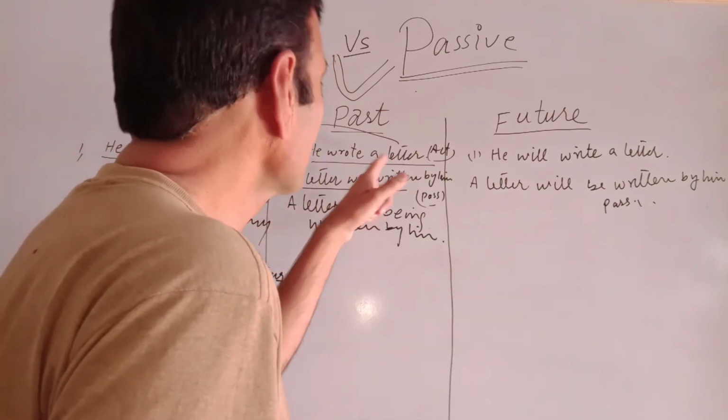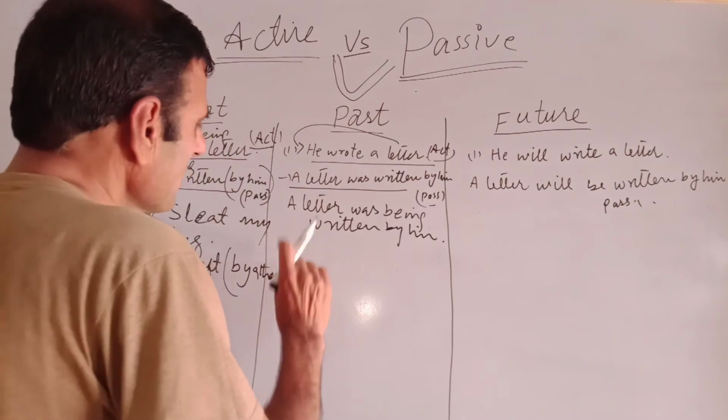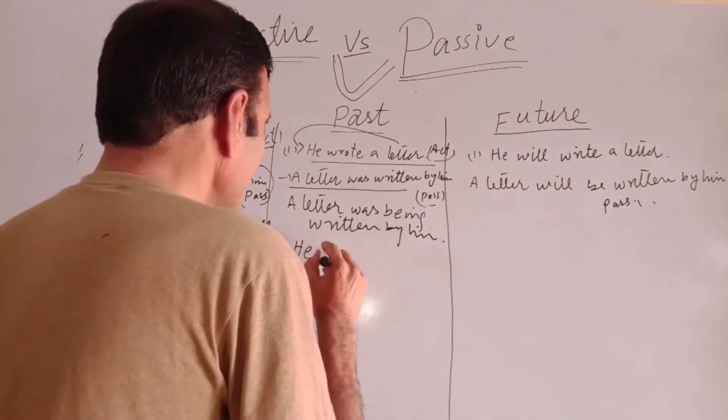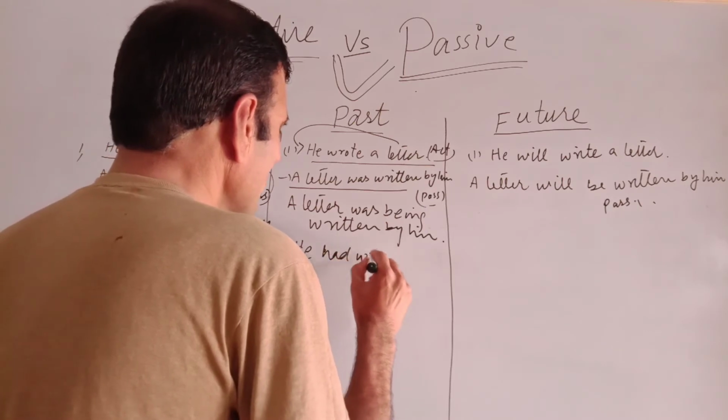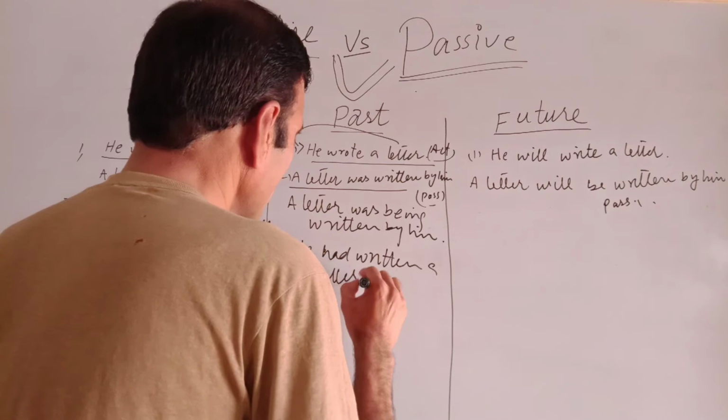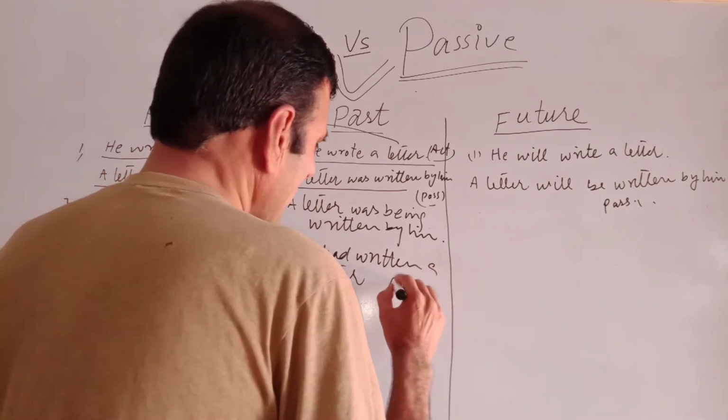Now we change the same sentence into past participle or perfect. He had written a letter. Now this is active voice.